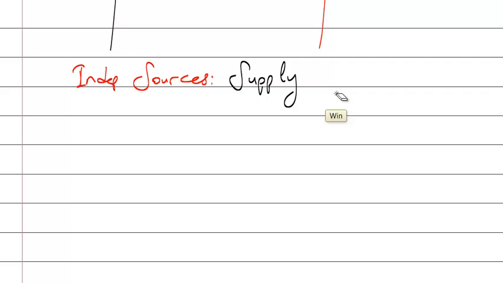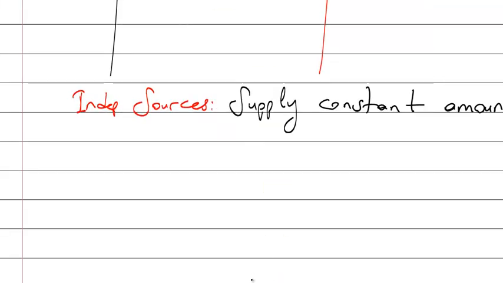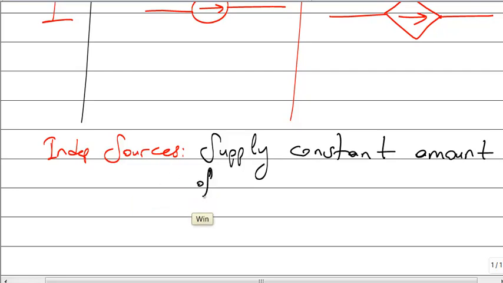Independent sources supply a constant amount of voltage or current.